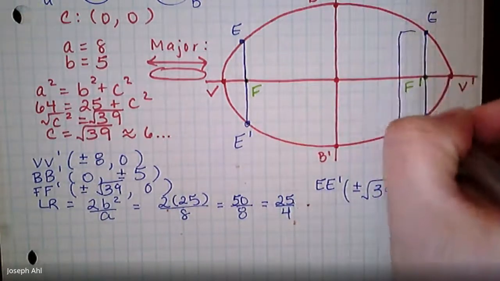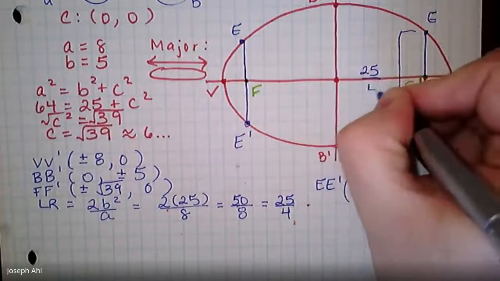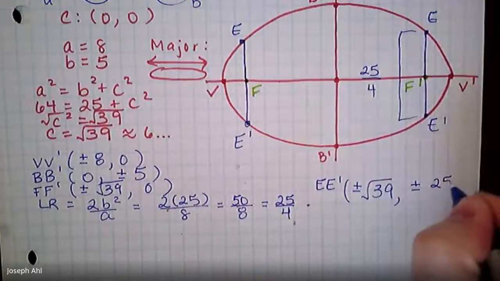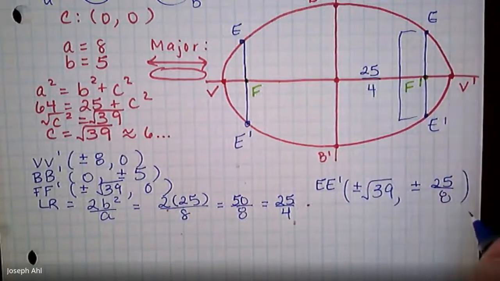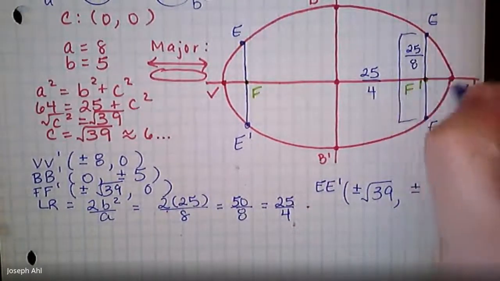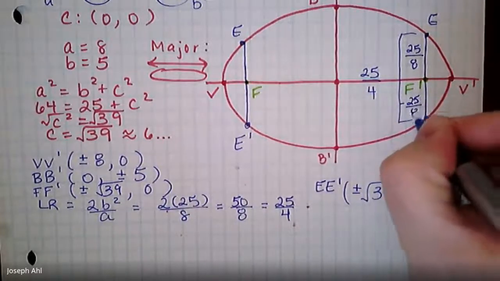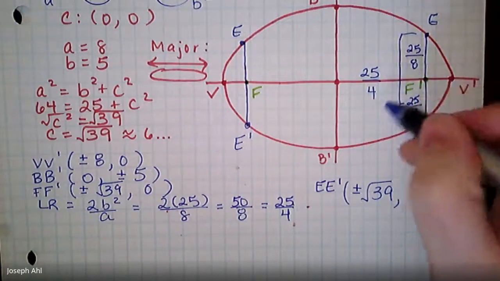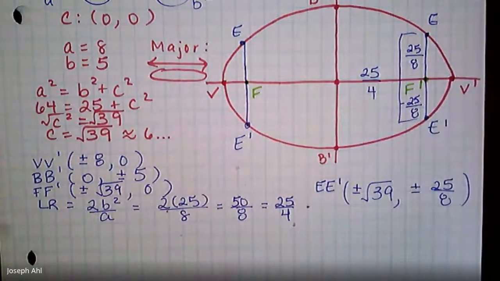If this thing has a length of 25/4, half of that would be 25/8. So if you go up 25/8 and down 25/8, I know that's kind of a weird number, then the total length here would be 25/4.